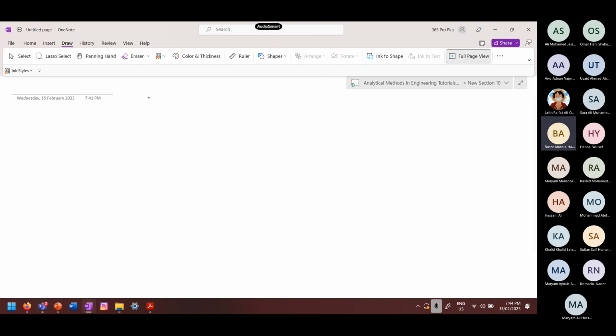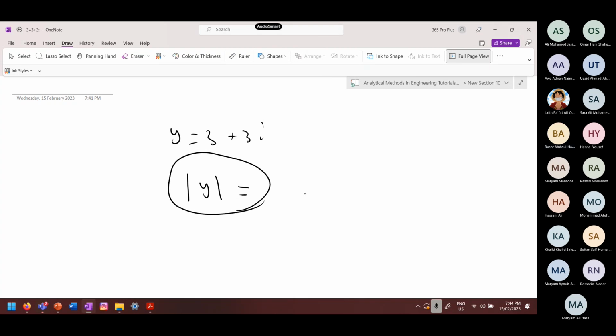If you're given y is equal to 3 plus 3i, and you're asked to find this, what would you do? Do you know what this term means when you have these two brackets?